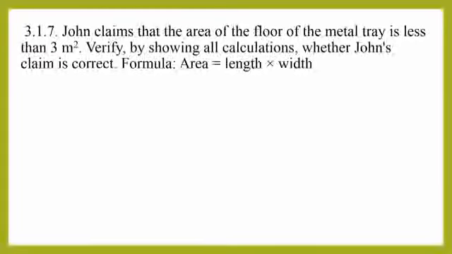Question 7. John claims that the area of the floor of the metal tray is less than 3 square meters. Verify by showing all calculations whether John's claim is correct. The formula is given as area equals length multiplied by width. Remember, width is the same as breadth.